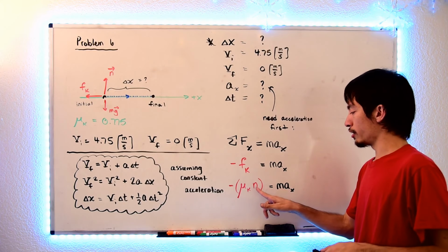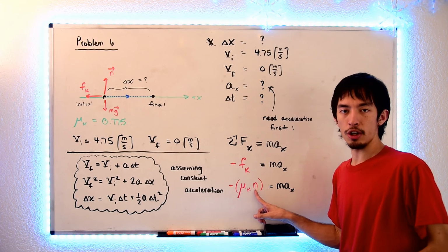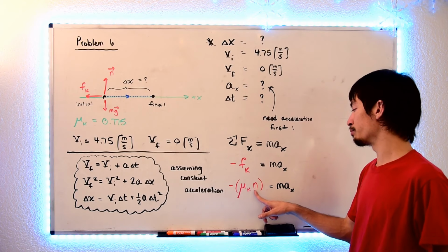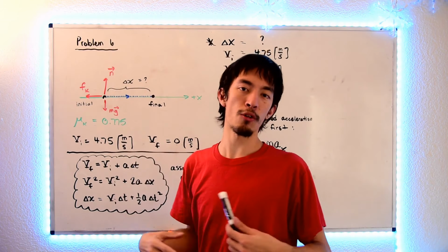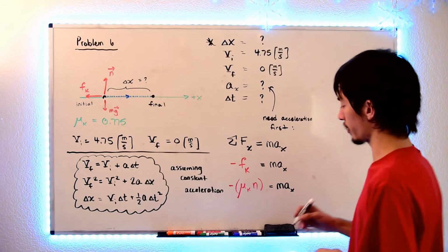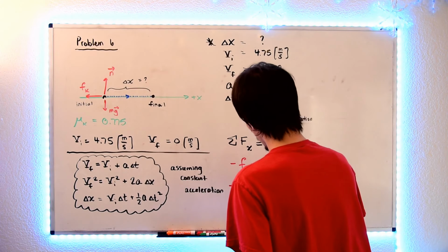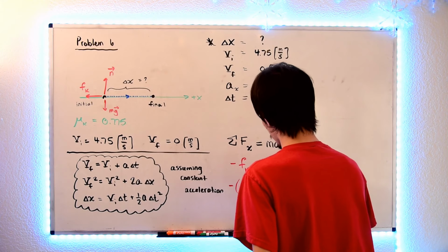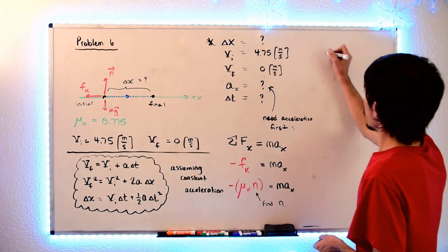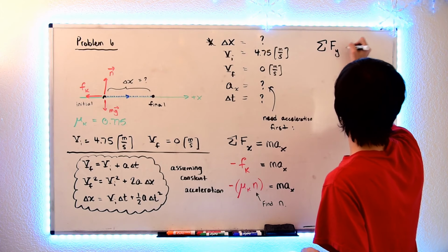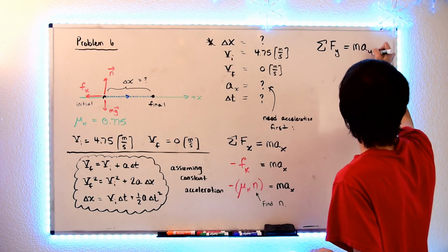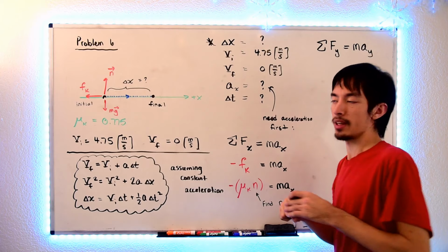Now, you still do not know what the normal force is equal to immediately, but because the normal force is in the y direction, we can solve for it using Newton's law in the y direction. So, find the normal force. The sum of forces in the y direction equals mass times acceleration in the y direction.